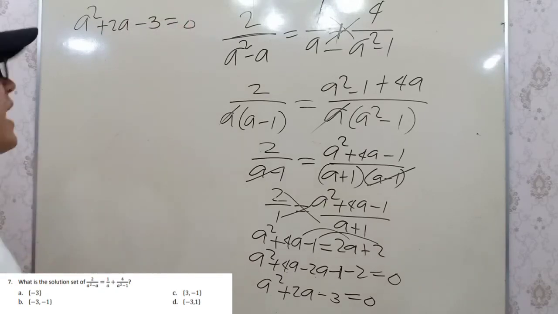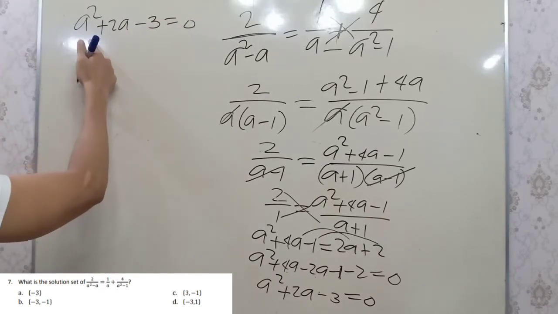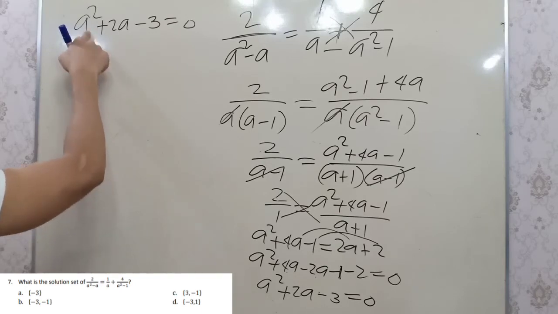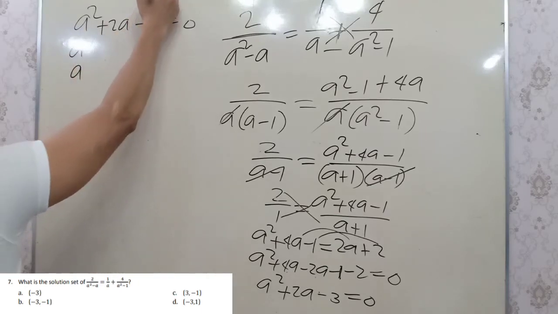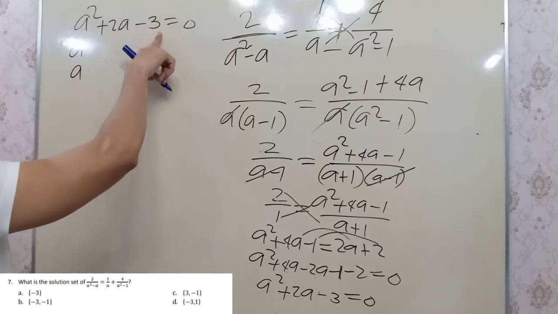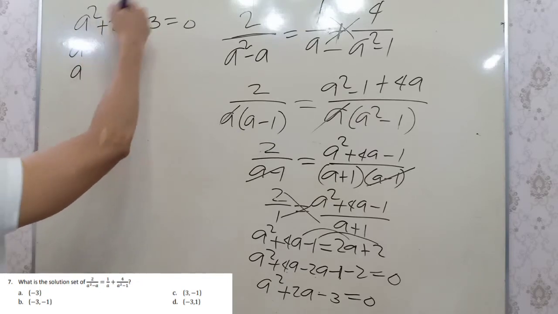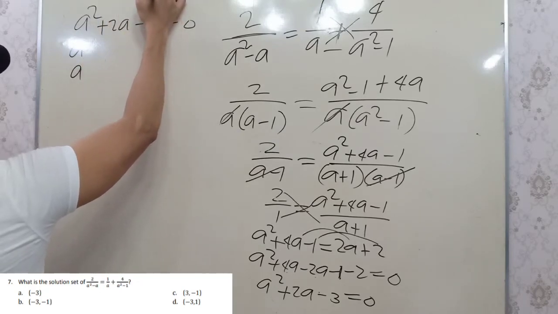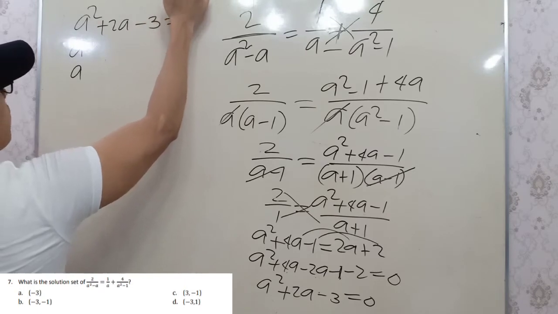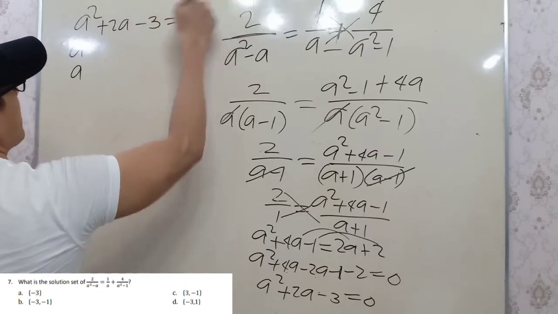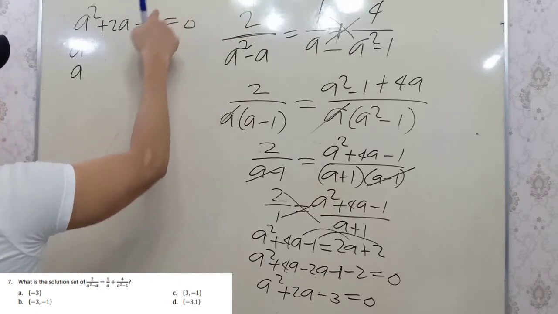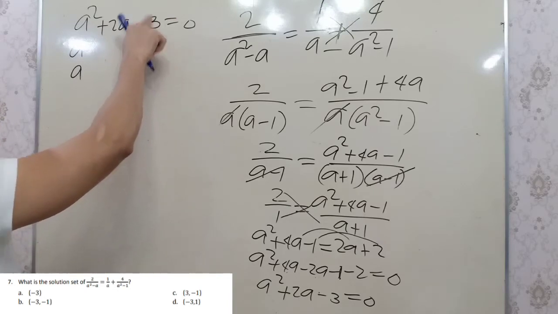We're going to solve for the a. Two values of a natin dito. Factoring. So, a and a. Factors of the first and factors of the last. So, we have factors of 3 or negative 3 that will give us the middle term. Which is negative 3 and 1, that becomes negative 2, right? I-add natin yan, negative 3 and 1, yung factors ng negative 3 and 1.